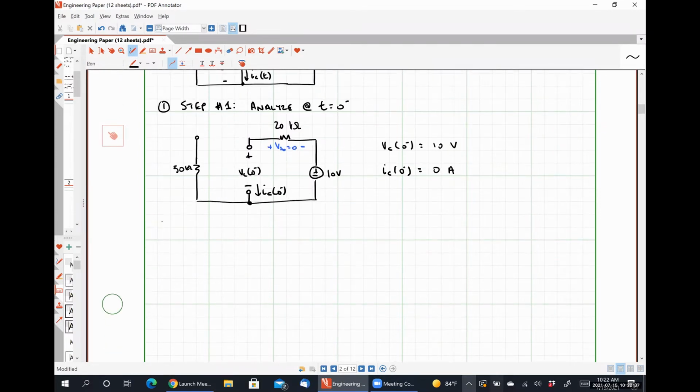All right. So now we're going to analyze the circuit at t equal to 0 plus.